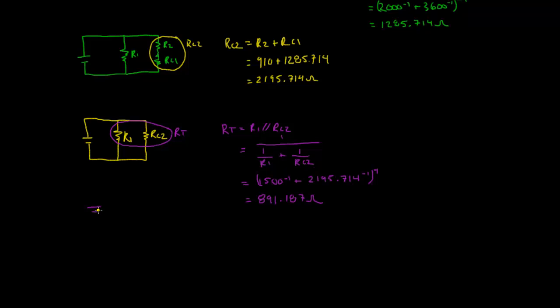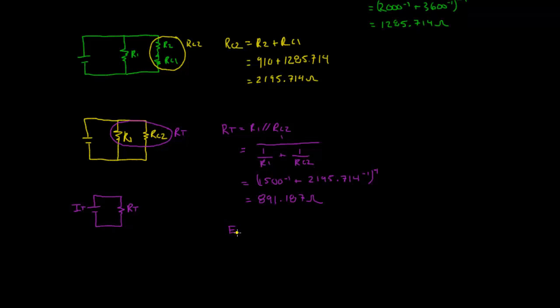So we can simplify our circuit one more step here, where we have IT, and now we just have one resistor, RT. Using Ohm's law, if we know IT and we know RT, we can calculate ET.